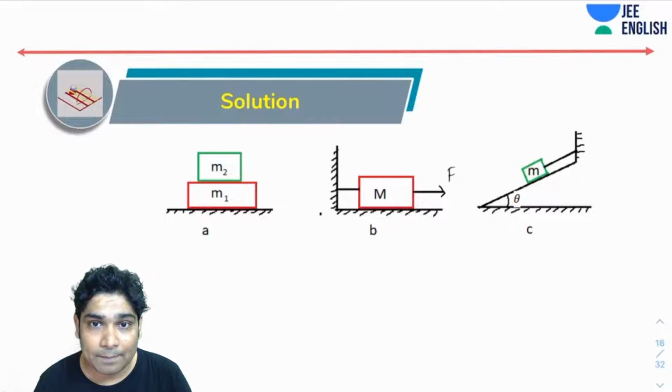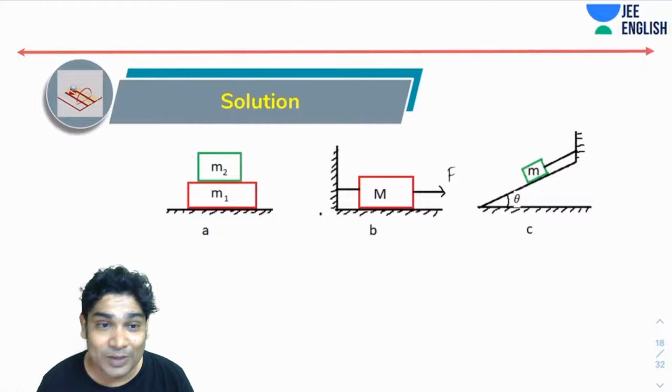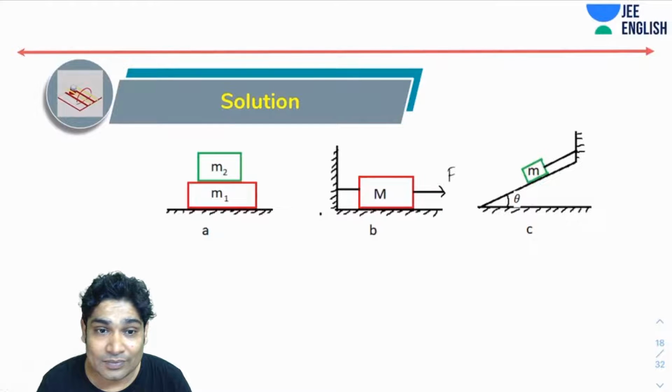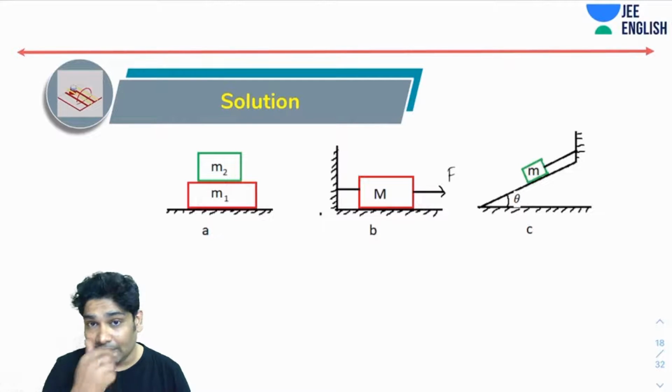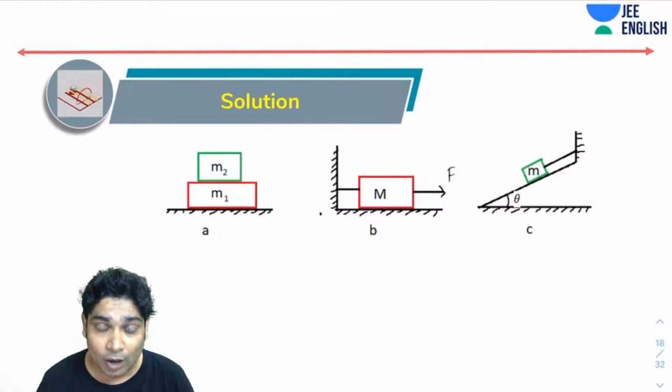Guys, write something in the chat. Are you trying to make your FBDs or have you completed them? You will have to let me know. Get a pen and a paper, make your own FBDs according to what you think it should be, and then I will show you the correct FBDs.